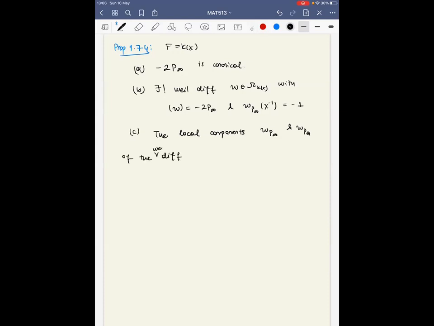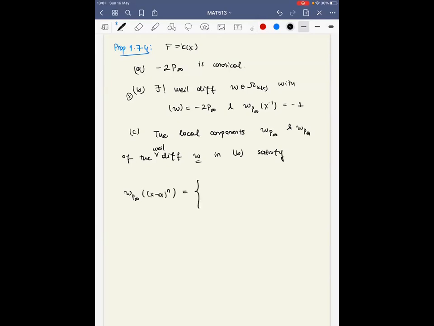Here omega is the Weil differential, which is described in part B. How it behaves in this particular functions.